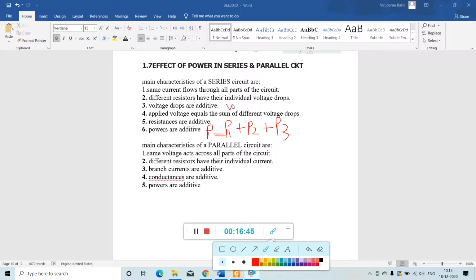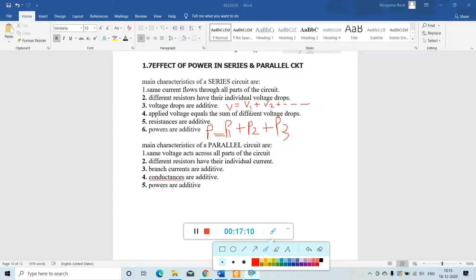I told you, if the supply voltage is V and the voltage drop across each individual resistor is V1, V2, plus so on.